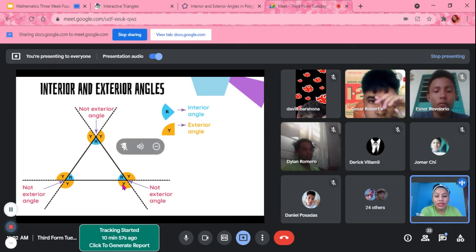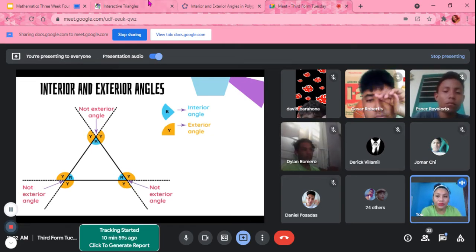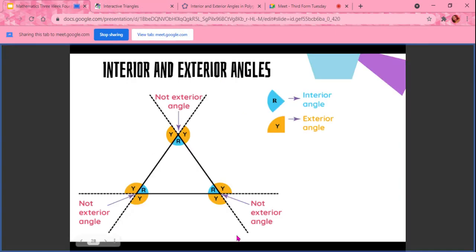If I am using this one right here to be an exterior angle, I cannot use the one at the top. It's only either or. So one corner of a triangle can only have this one or this one. It cannot be both, and you cannot use both of them. If I look at this one at the top, it is either the one on the right or the one on the left.